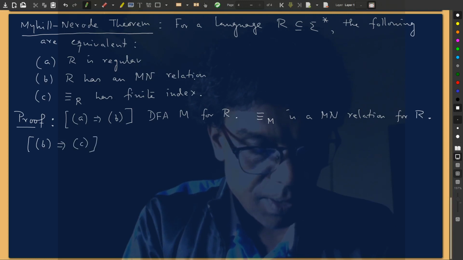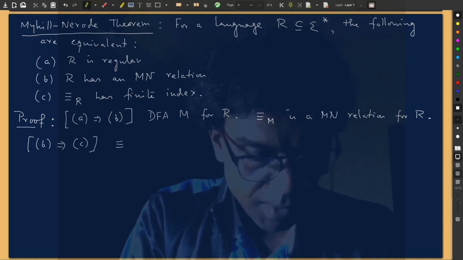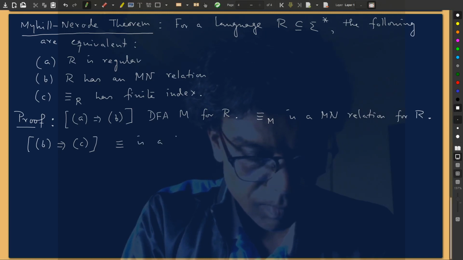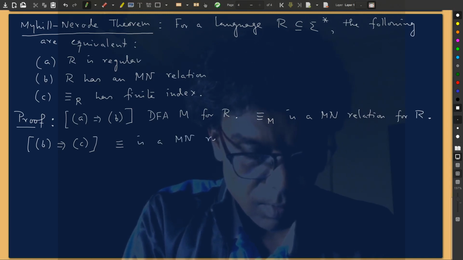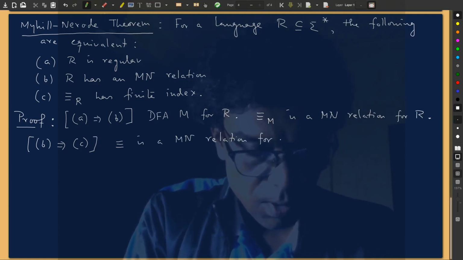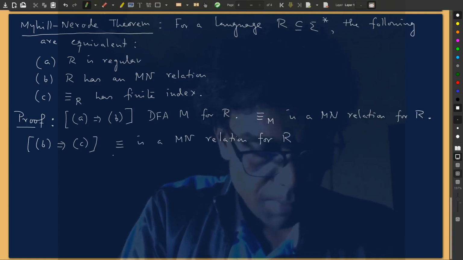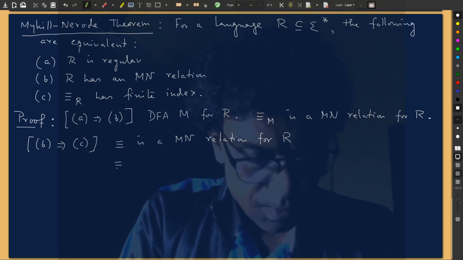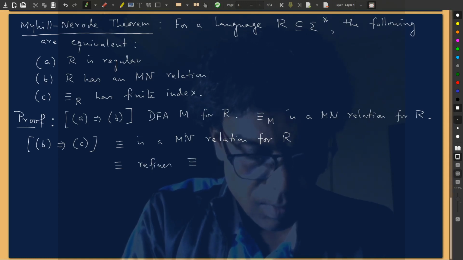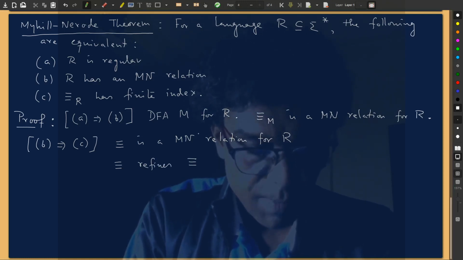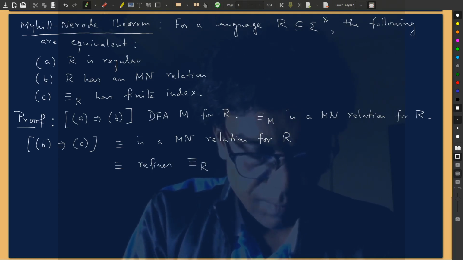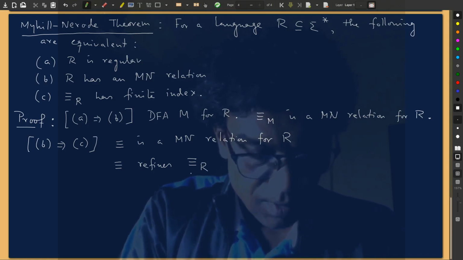Okay. Then what about B implies C? This has a Myhill-Nerode relation. Let's say this is a Myhill-Nerode relation for R. Then by the last lemma, this refines, so this implies this is also a Mn prime relation. But then this refines this Mn prime relation, since this is coarser, this is finer.